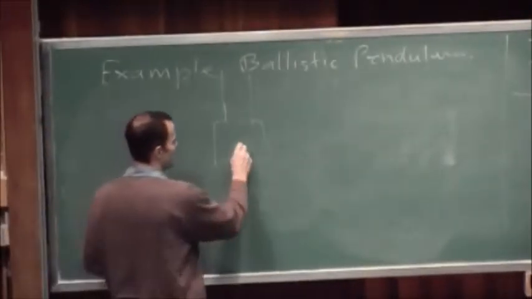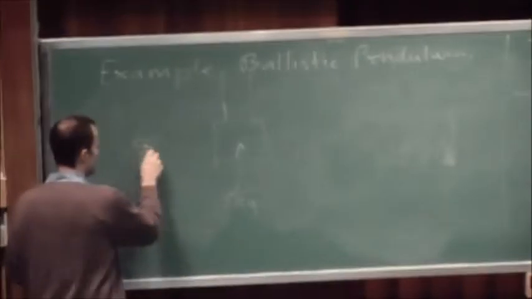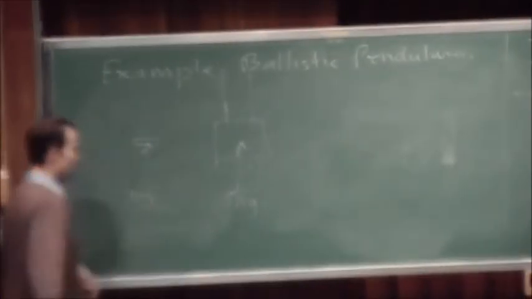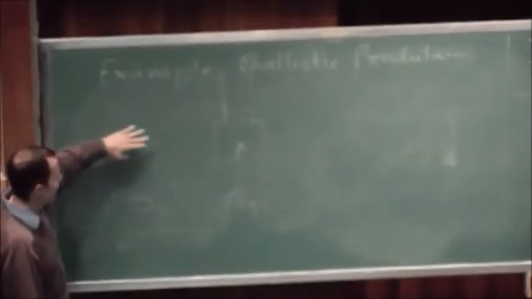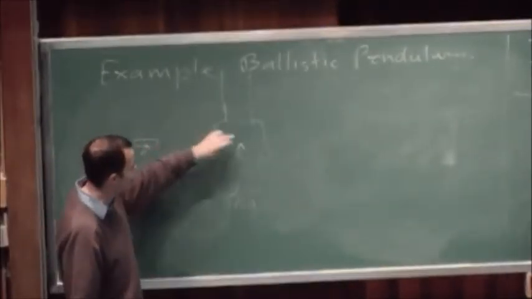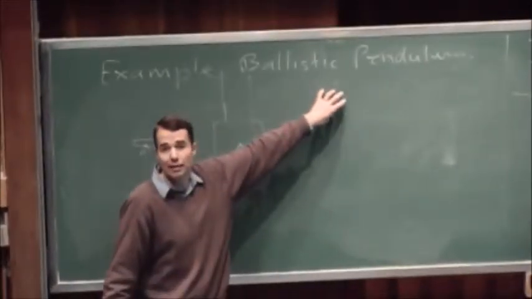So for example, let's suppose this is 5 kilograms in mass, and let's just say this is 10 grams. Now, when this bullet hits this block of wood, it's going to stick in the block, and then this will swing up to a certain height.